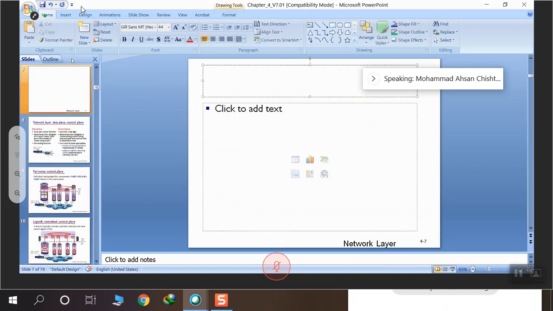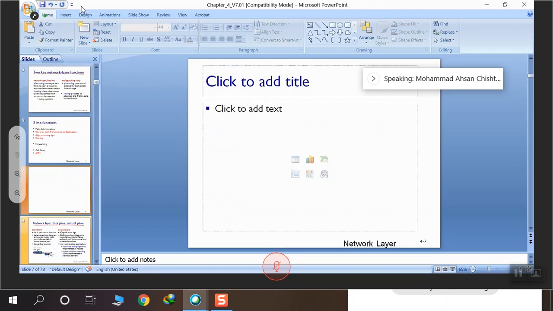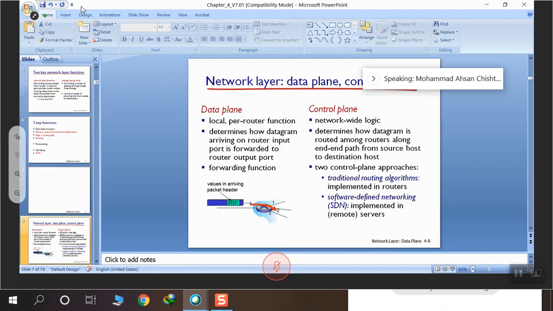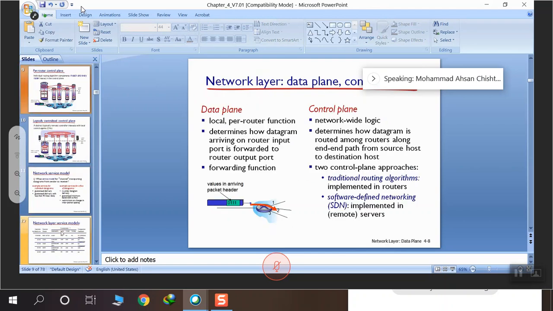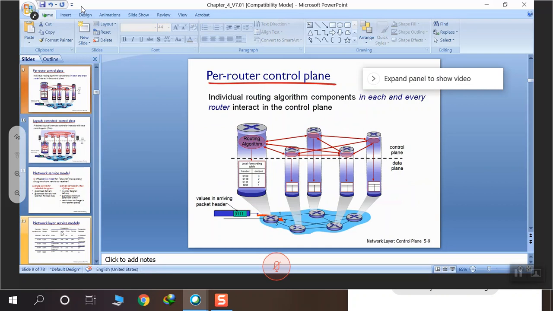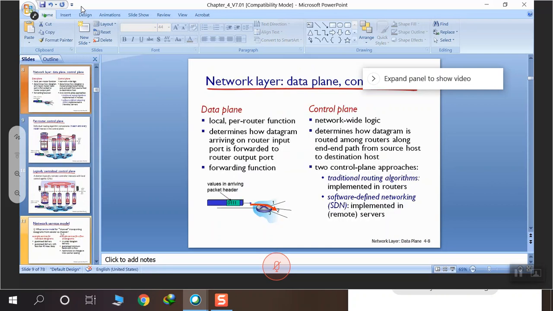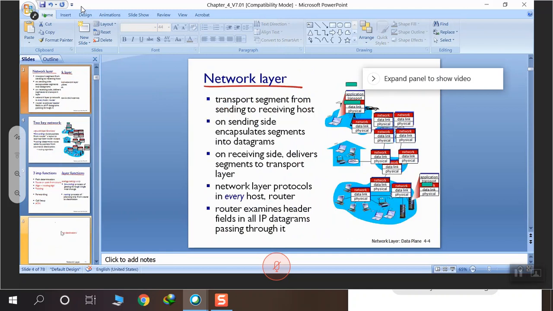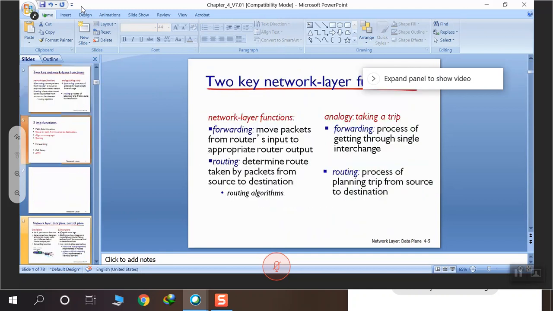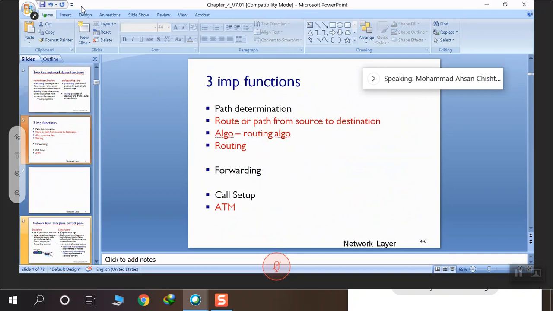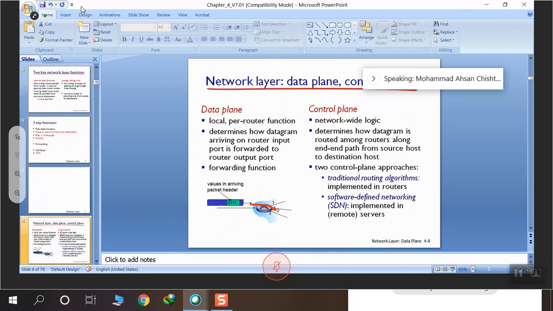So what does the network service model tell us? There are two aspects of the network layer here. One is known as the data plane, another is known as the control plane. What is the data plane?